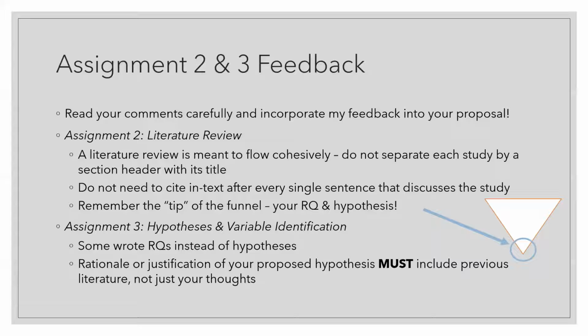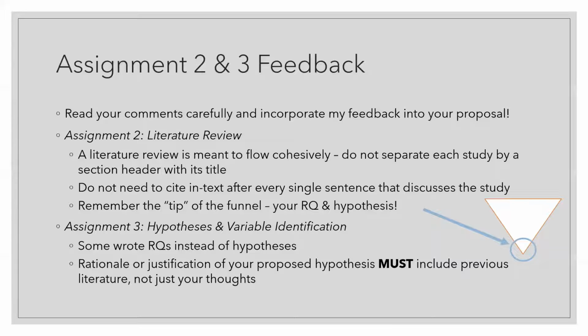Finally, a very common theme for the very last part of assignment 3 was to only provide justification or rationale for why you think your variables will be related in the way you specified, just from your own thoughts. Here, I was intending for you to revisit the literature you reviewed in the second assignment and actually cite the previous studies where the variables were related in this way.